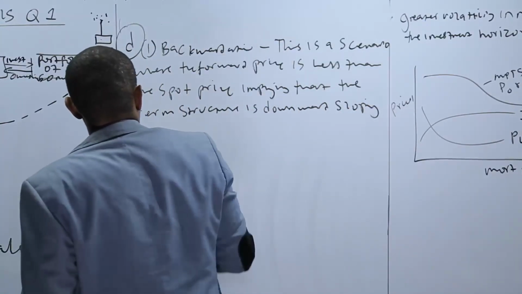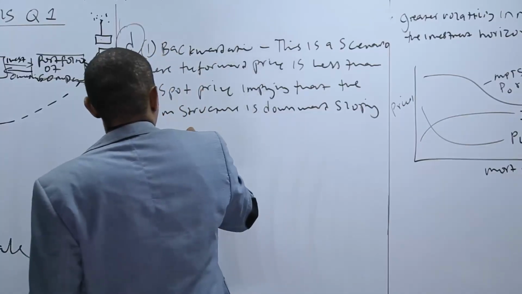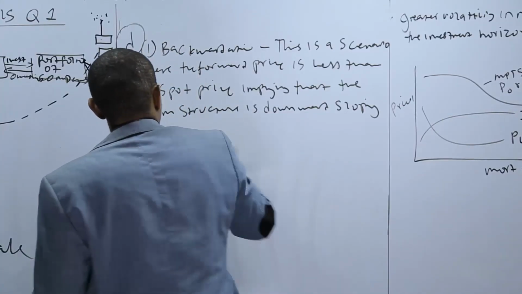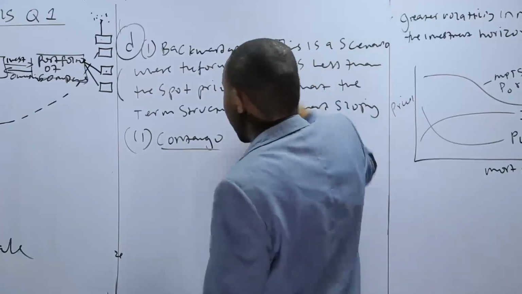Number 2 is contango. Contango is just the reverse position of this.